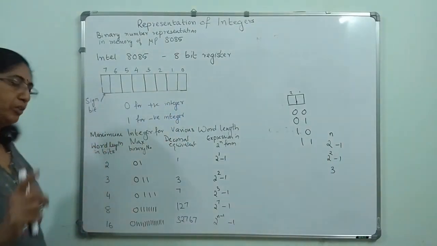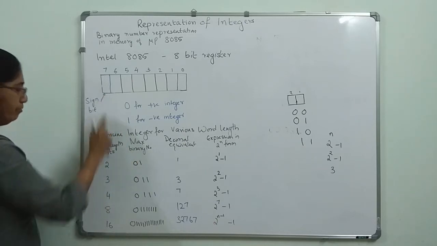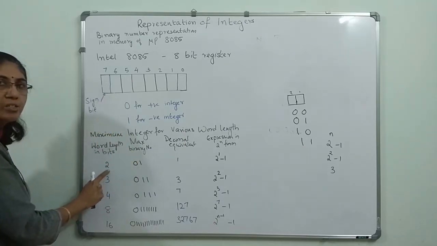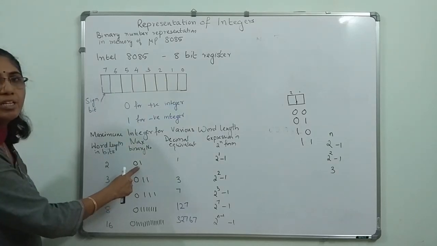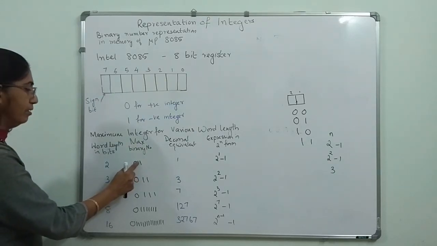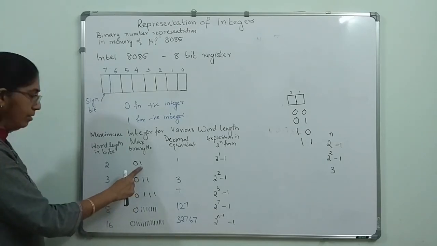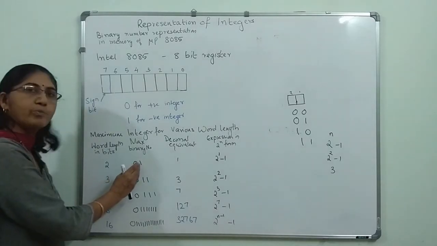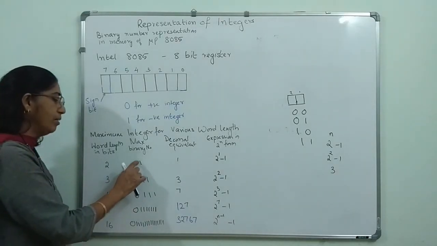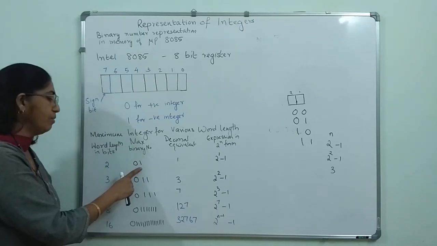But one thing you should understand, we are keeping apart 1 bit for the sign, whether it is positive or negative. So how much is available for us to indicate the number? 1 is going for the sign bit, so the remaining we have only 1. So even if you have taken a 2-bit arrangement, 1 bit goes for the sign, and only the other bit you can take for the value of the numbers.